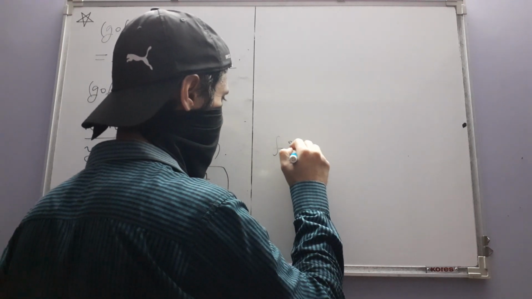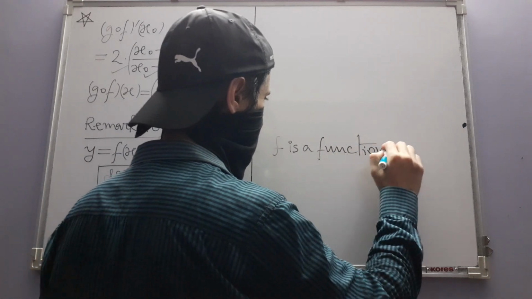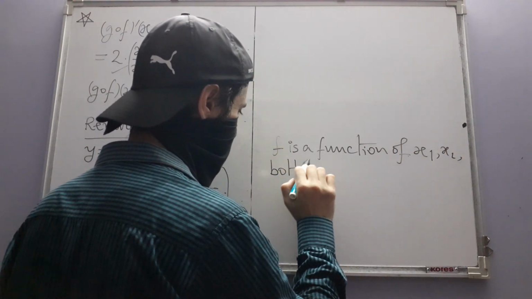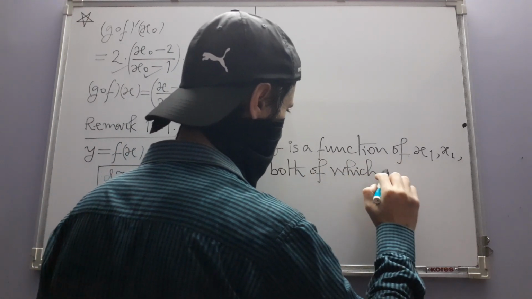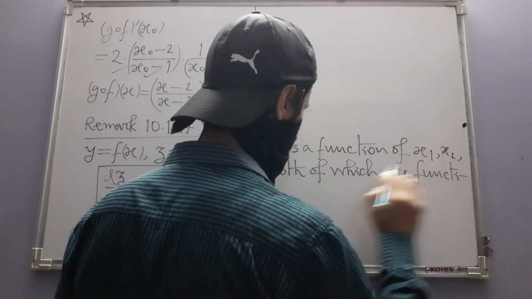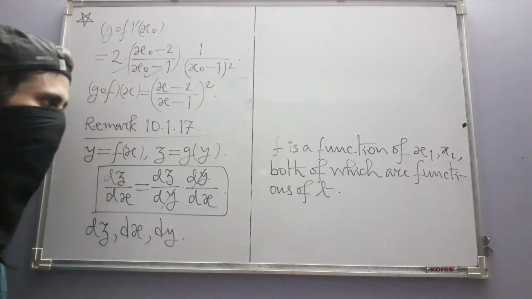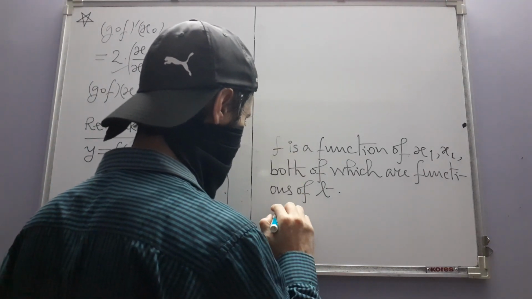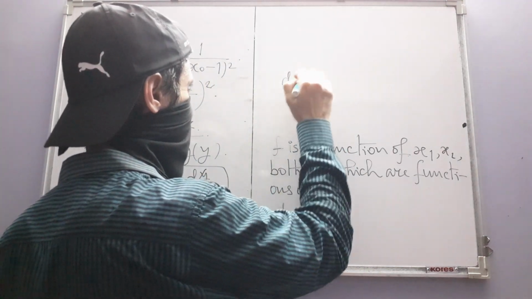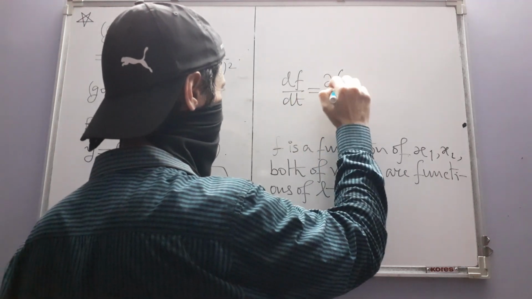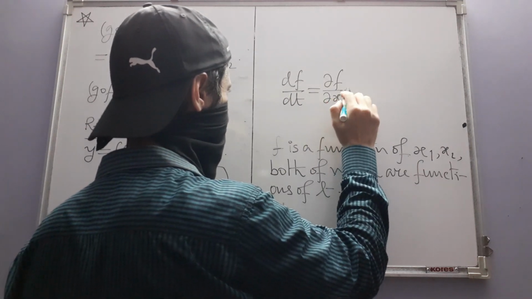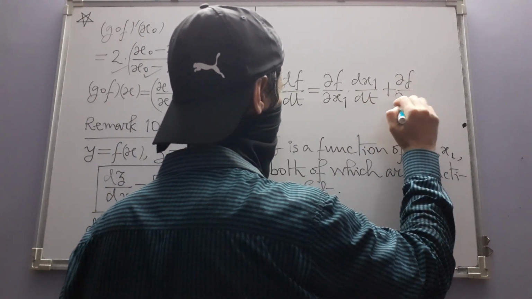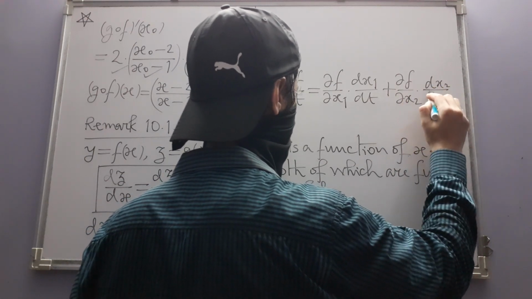Say f is a function of two variables, say x1 and x2, and they themselves are functions of a single variable t, then by the multivariable chain rule, the derivative of f with respect to t is the partial derivative of f with respect to x1 times the derivative of x1 with respect to t plus del f del x2 times dx2 dt.